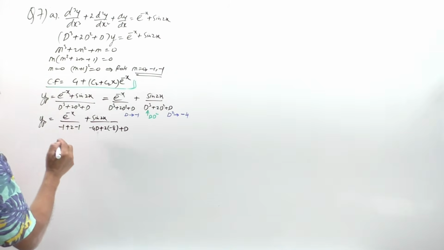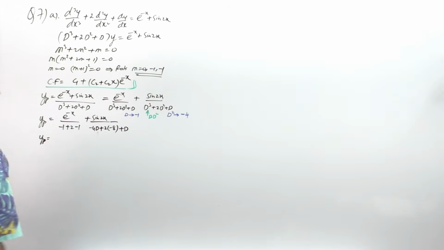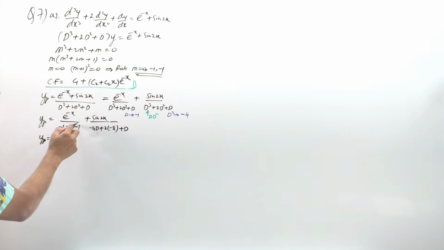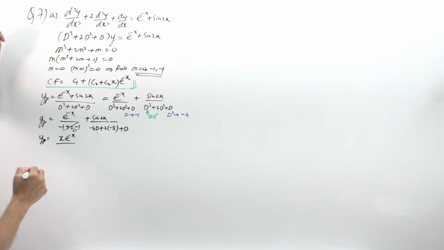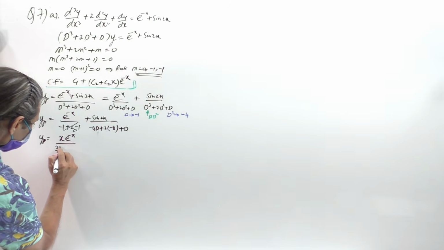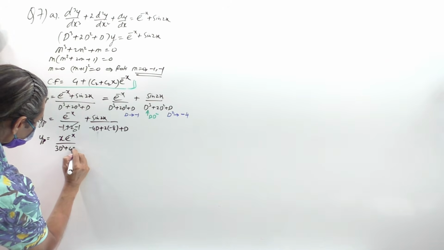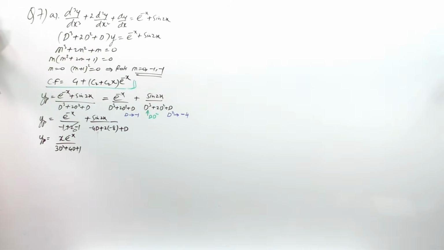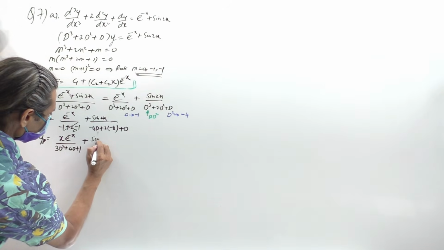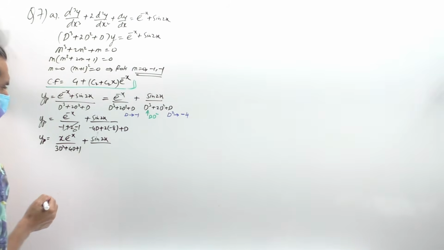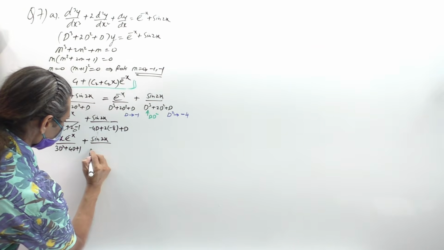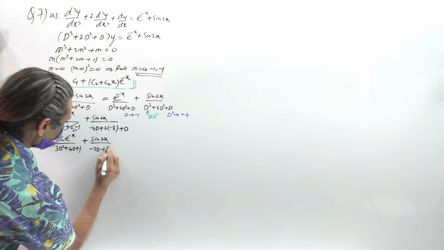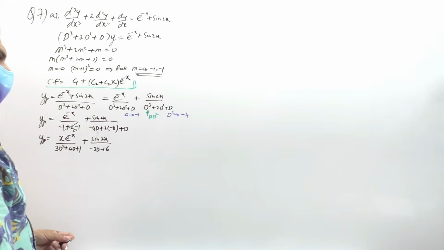Now again yp equal to, see, -1 + 2 - 1 gives 0. So in any differential equation solution, when the denominator is 0, multiply the numerator by x and differentiate the denominator. So here differentiate D³ + 2D² + D, it is 3D² + 4D + 1. And here this will be sin 2x divided by -4D + D which is -3D, and -8 which gives -16.